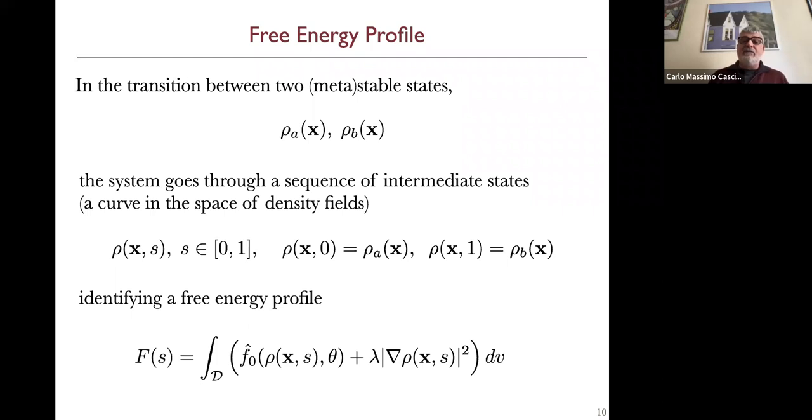One, say, is the liquid, which is characterized by the density field rho A of X in this case. And the other one is the vapor, which is called rho B of X. Now, if you have a transition from liquid to vapor for given temperature, volume, and chemical potential, it means that you have a sequence of density fields that, starting from the liquid, progress according to a certain progress variable that we can call S. You progress from the liquid toward the vapor.